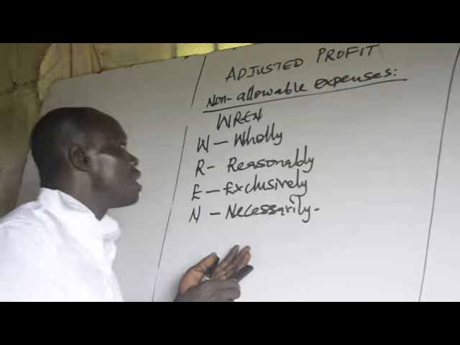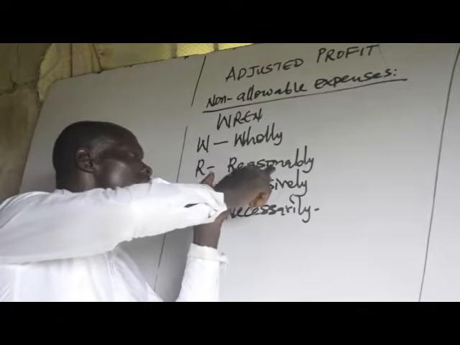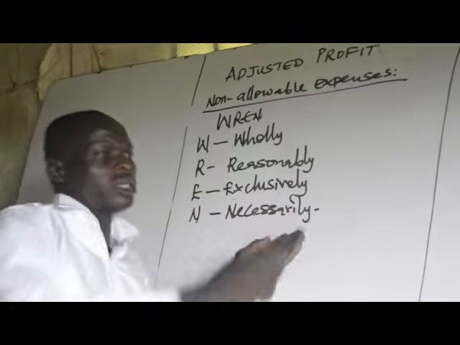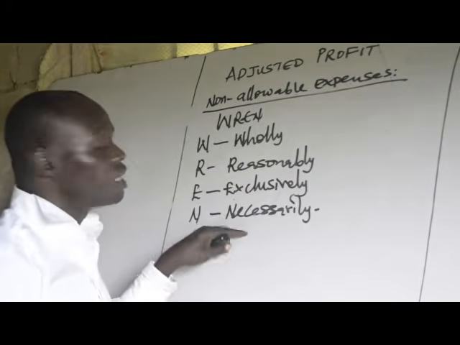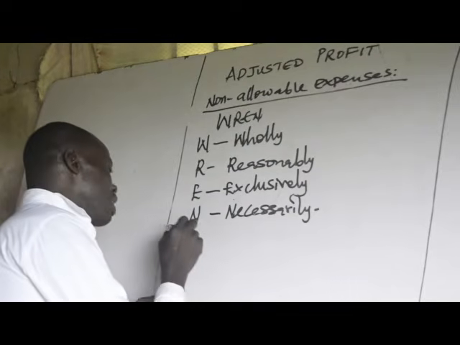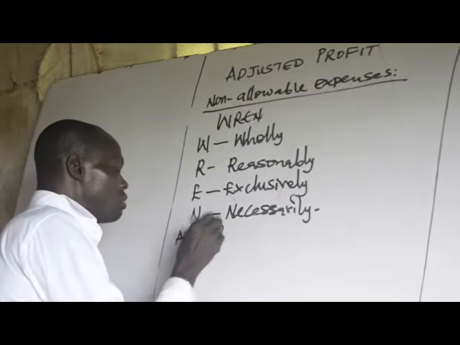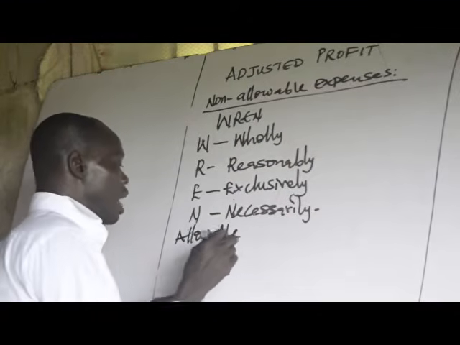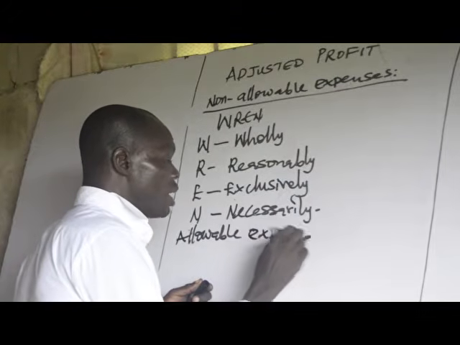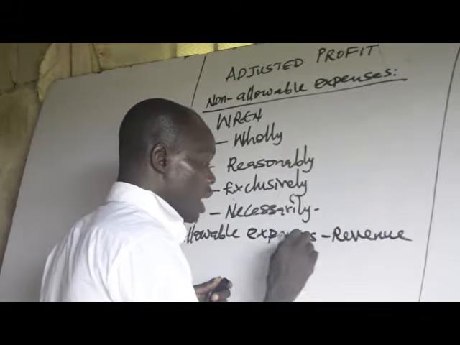Allowable expenses must be wholly, reasonably, exclusively, and necessarily incurred for the purpose of generating revenue, meaning that allowable expenses are usually revenue expenditure.